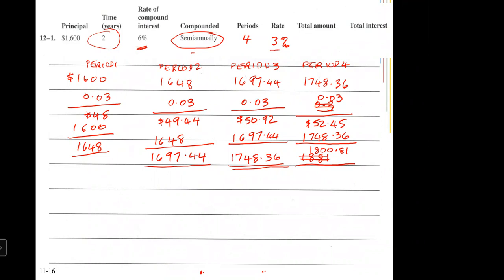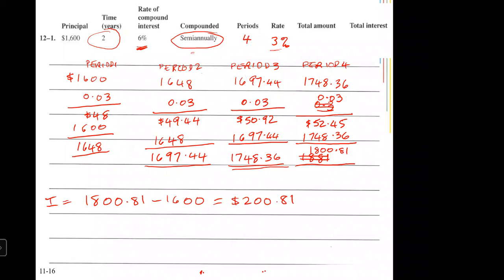Subtract the 1,600 from the 1,800.81. So 1,800.81 minus 1,600, and so that should give you $200.81, and that would be the interest earned.